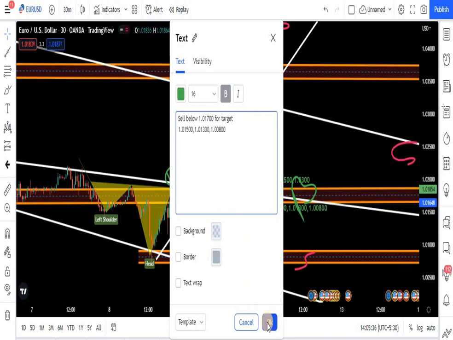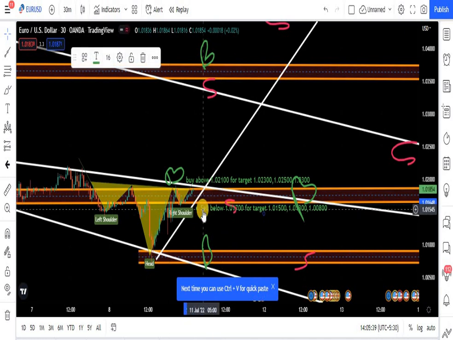So these are the major areas for buy and sell.